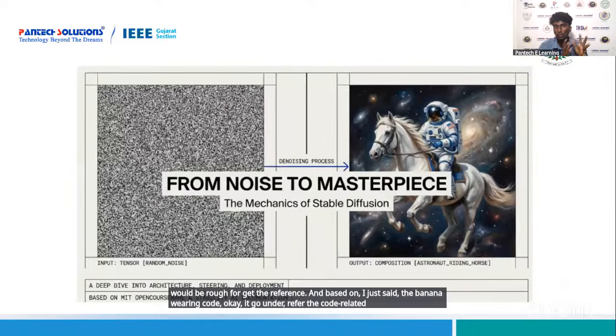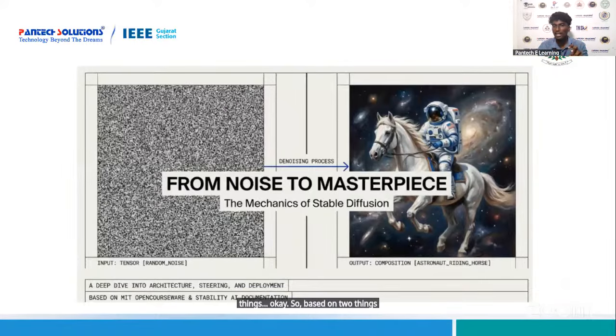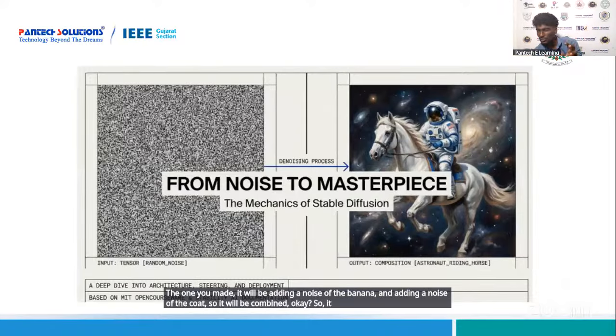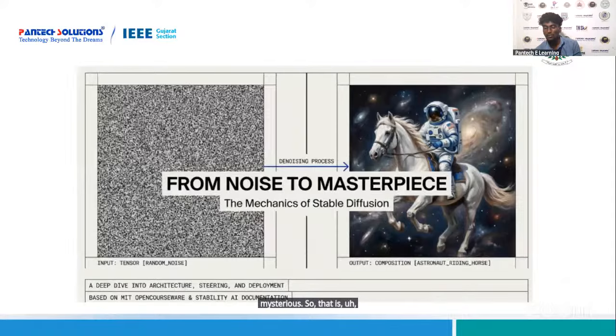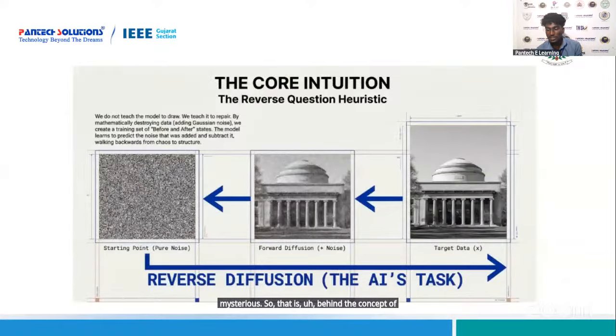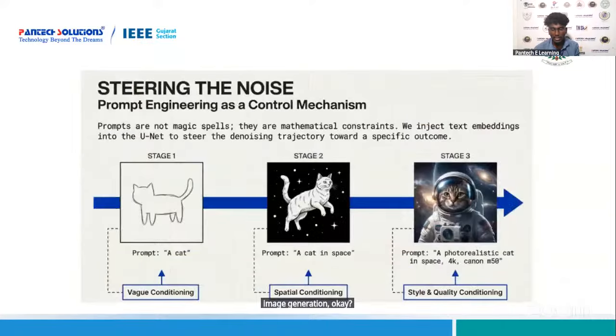Based on the two things, it adds the noise of the banana and the noise of the coat, and they are combined. So it generates something mysterious. That is the concept behind image generation: adding noise and removing noise.